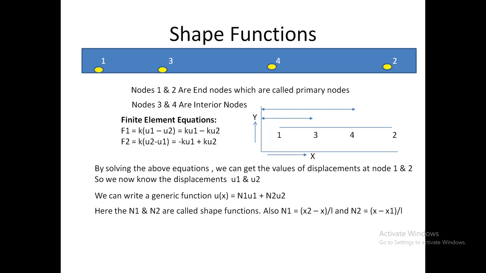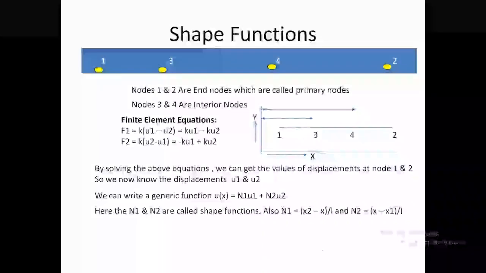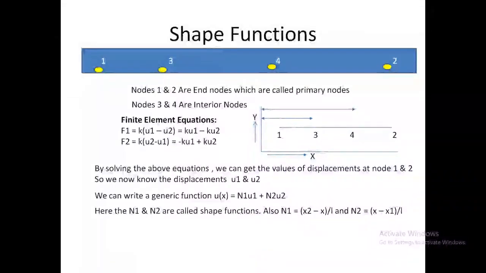Here we already know u1 and u2, those are the displacements at the primary nodes. So what are these N1 and N2 in the function u of x? Those are nothing but the shape functions.